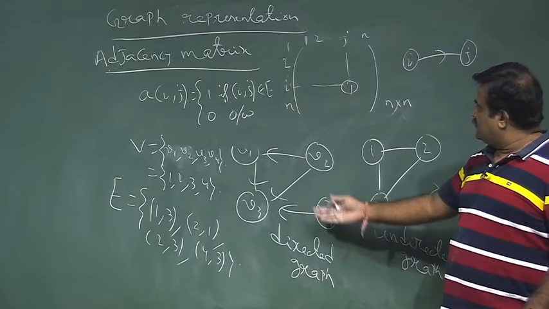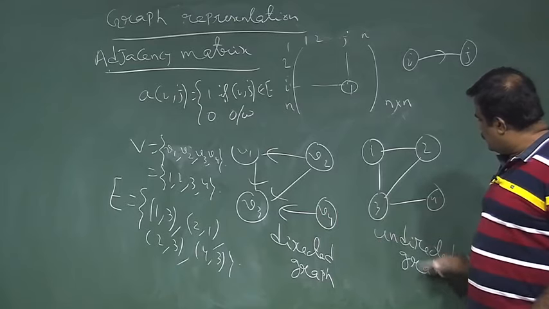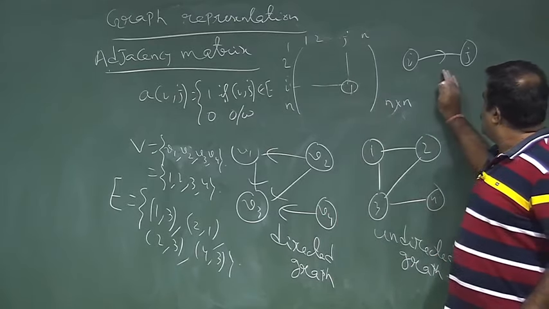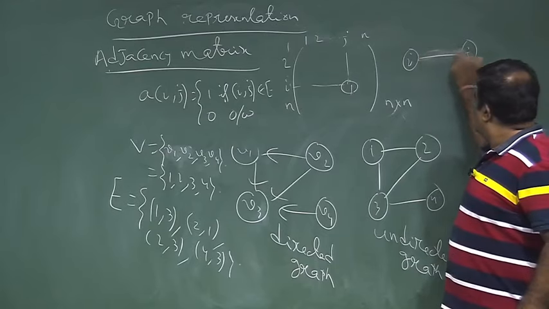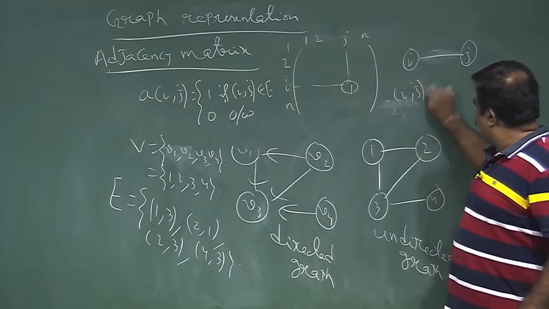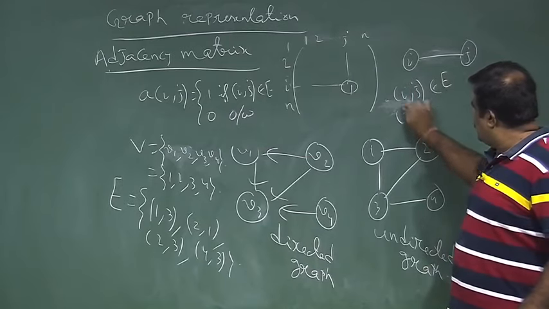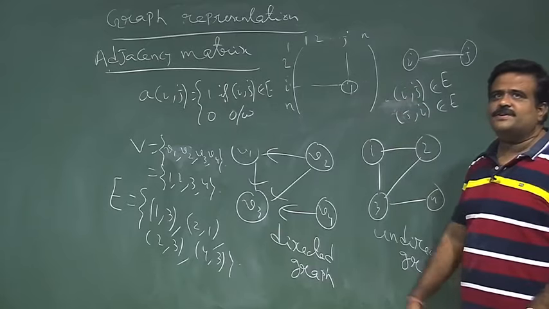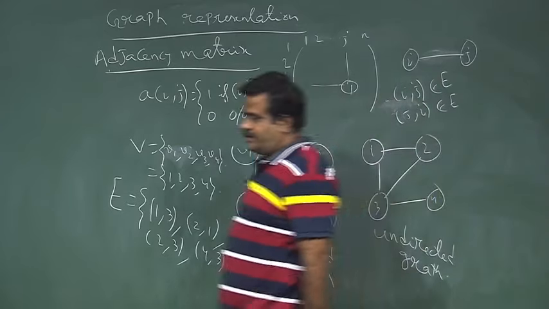If a graph is undirected, then this matrix will be a symmetric matrix, because in an undirected graph there is no direction of the edge. That means ij is also an edge and ji is also an edge.